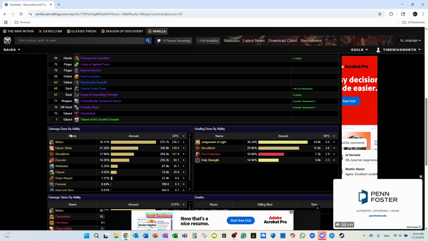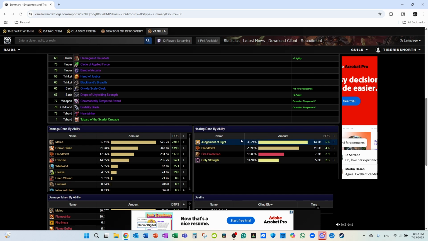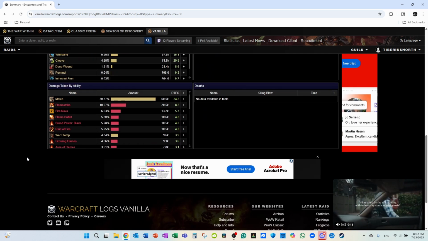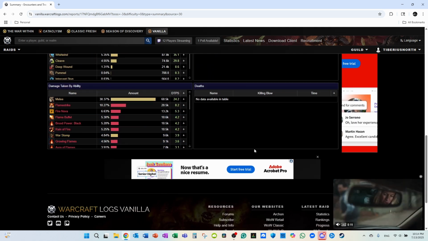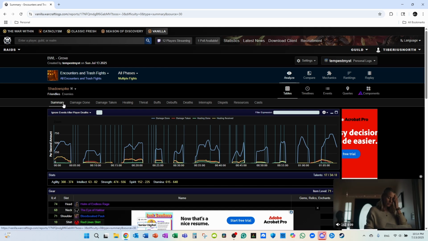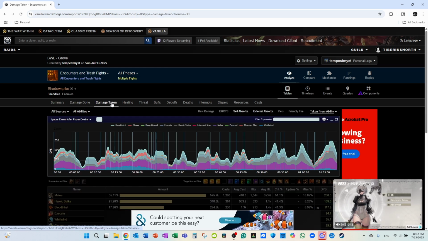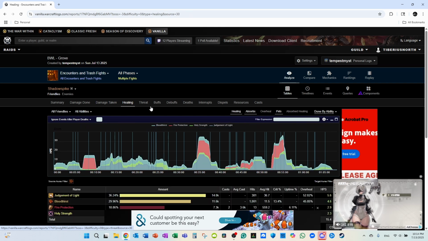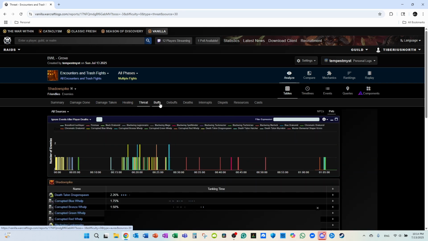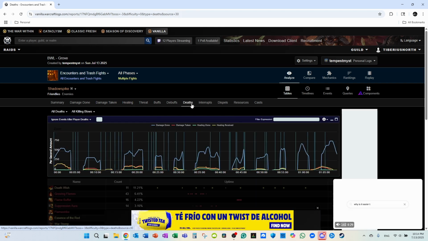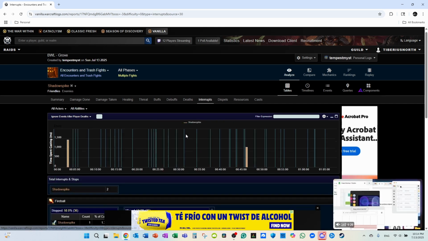You can see their damage, which ability they use, healing that they did, damage they've taken, all that stuff. And that's just a summary. Then you can go to do the same for damage done, damage taken, healing, threat, buffs, debuffs, deaths, interrupts.